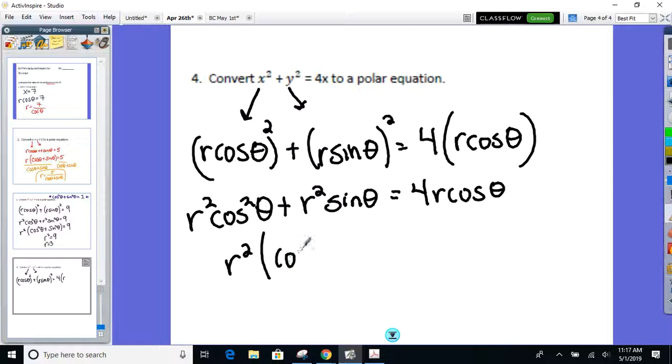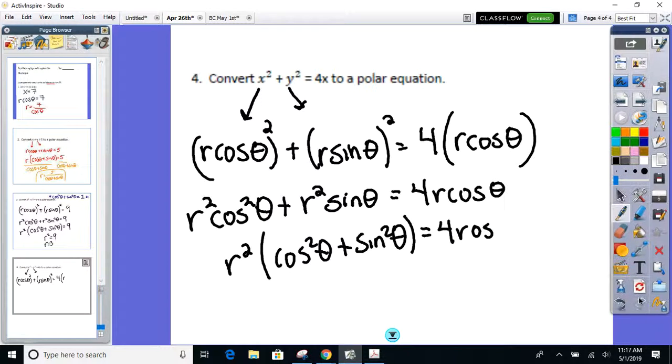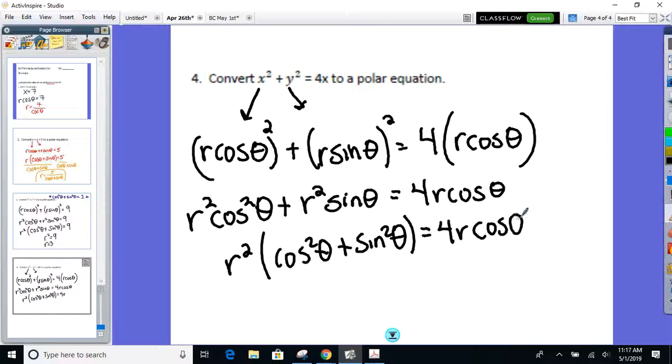And you're going to be left with cosine squared plus sine squared. Everyone all right so far? What's on the left side now? R squared, right?